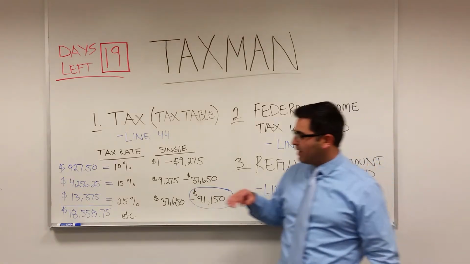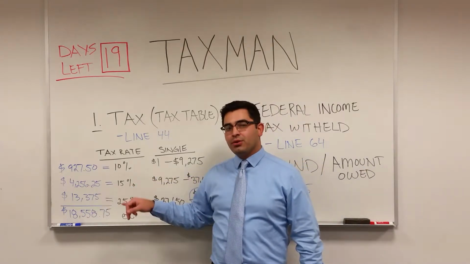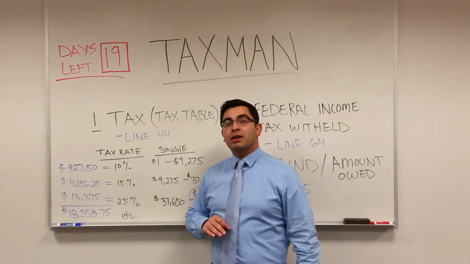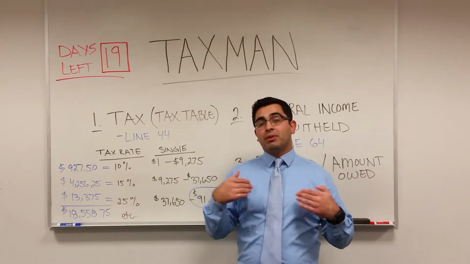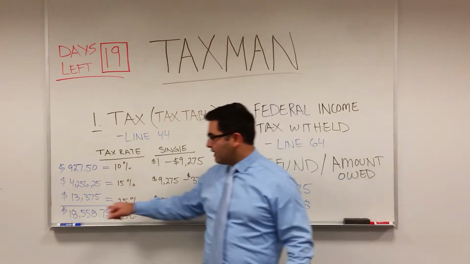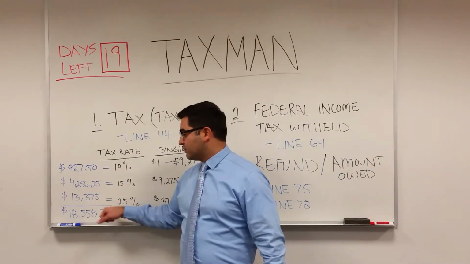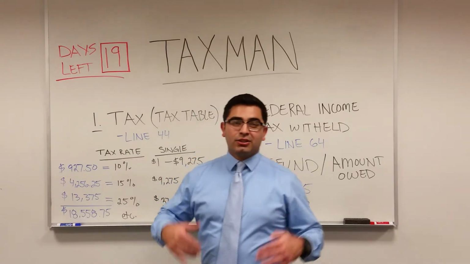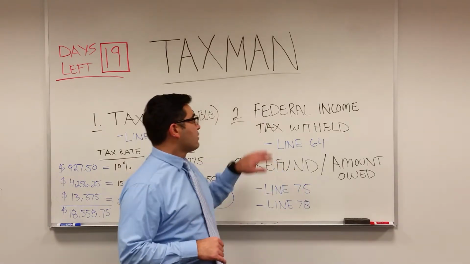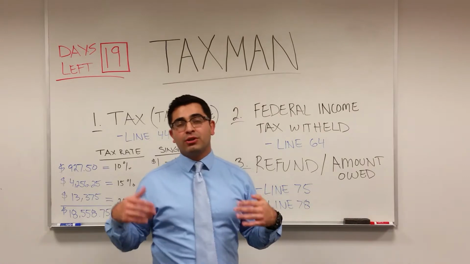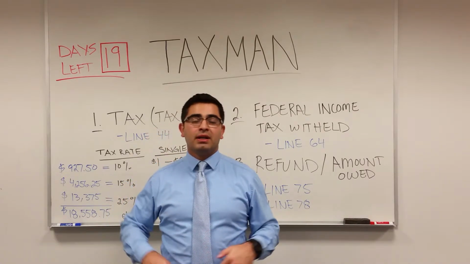And that taxable income amount is $13,375, which gives him a total tax that he is obligated to pay the IRS of $18,558.75.